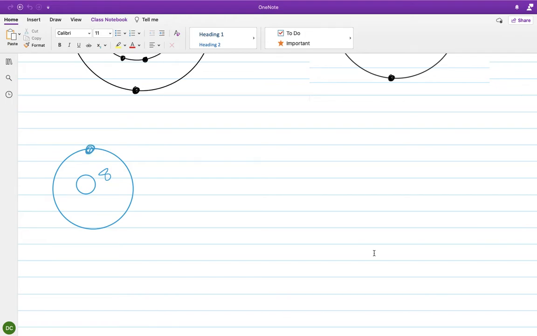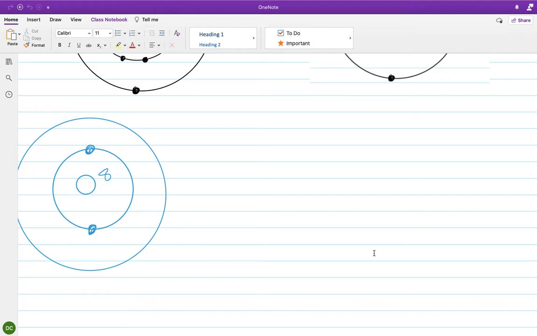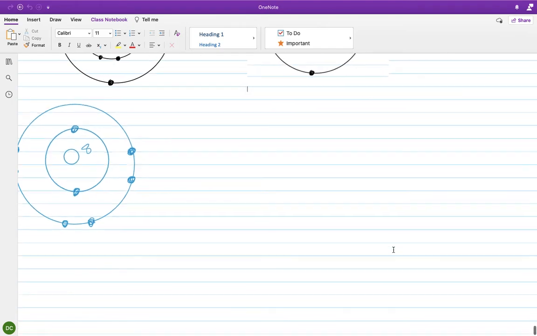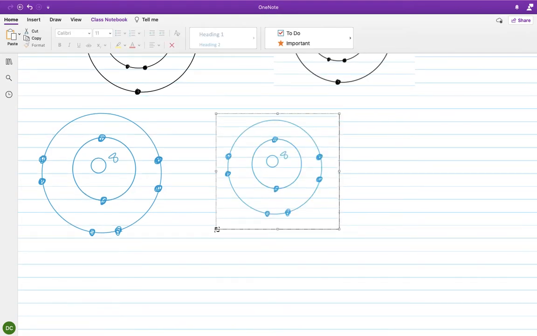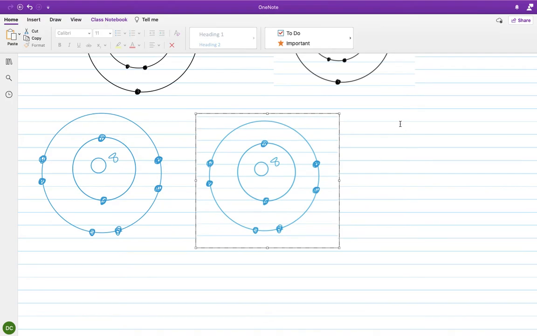So there's 1, 2, and then 3, 4, 5, 6, 7, 8. Sorry, you're missing a couple of them. And I need 3 of them, so I'm just going to copy. Awesome. And then we'll go again.